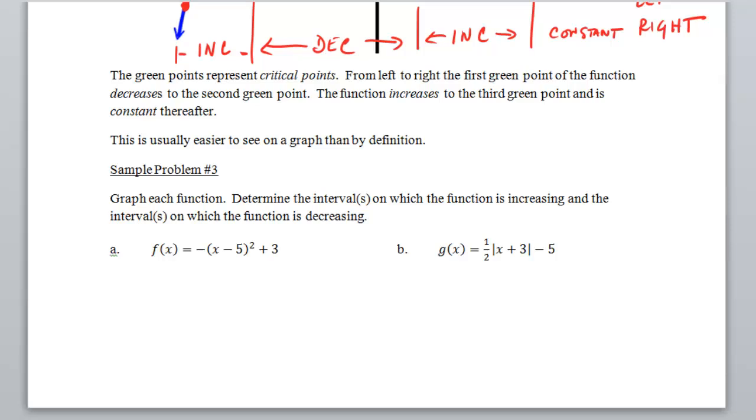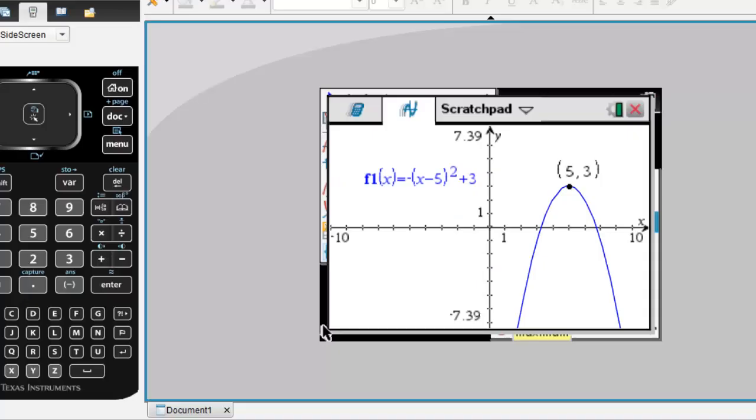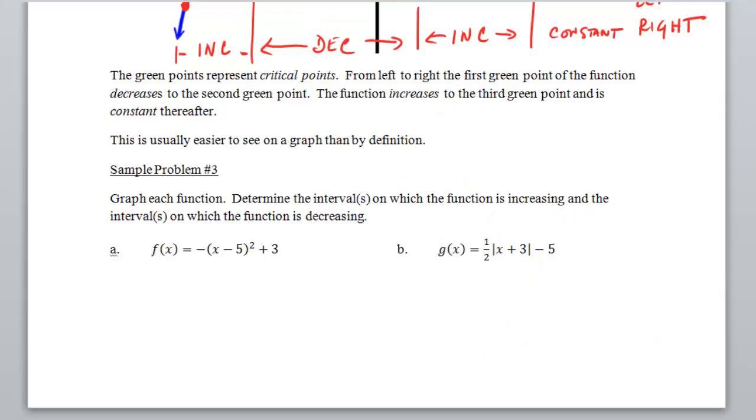Okay, if we just briefly look at the calculator, I used a little function on there that we'll talk about later to identify this point at the very top, and its point is (5, 3). So the x value is 5. That's our critical point. That's where it changes from increasing to decreasing, and so that's what we're going to use for our interval.